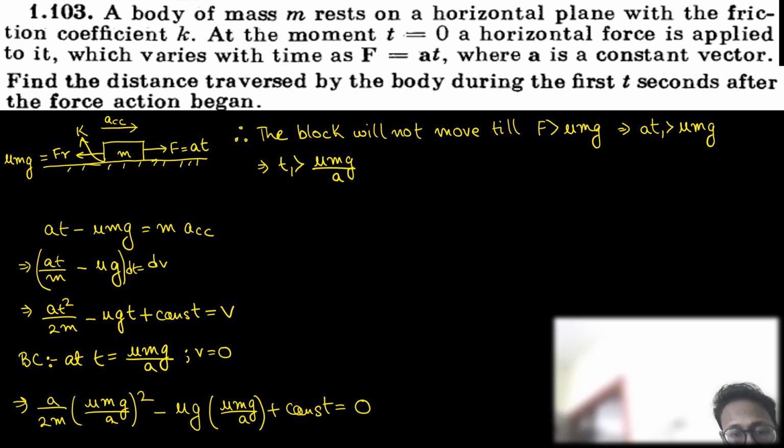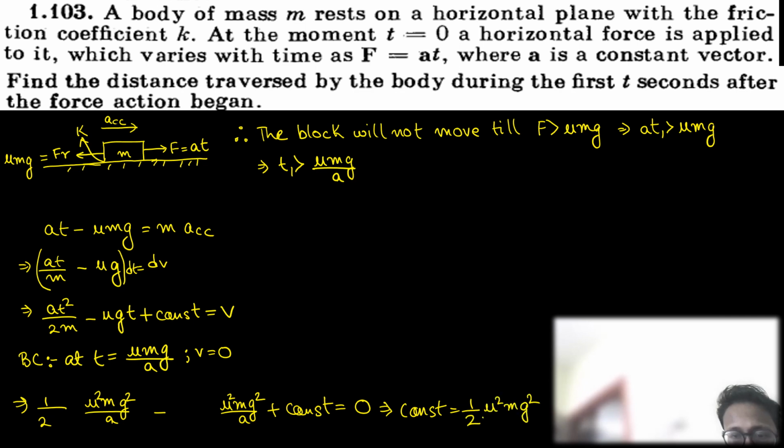If I solve this equation, the constant comes out to be half mu square m g square by A.